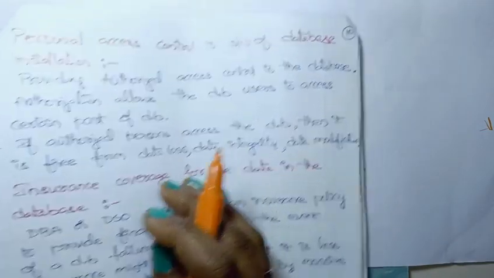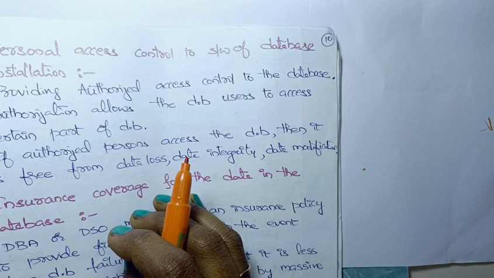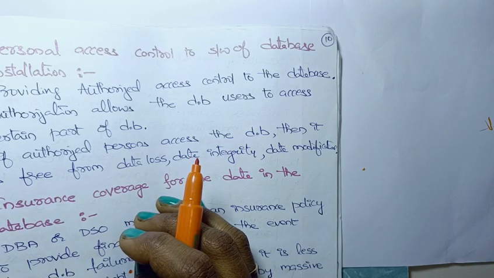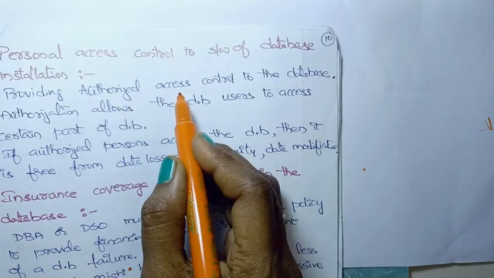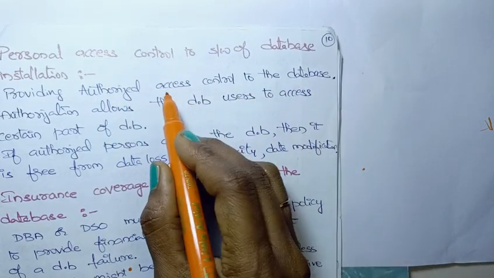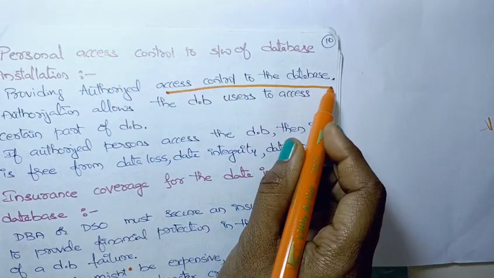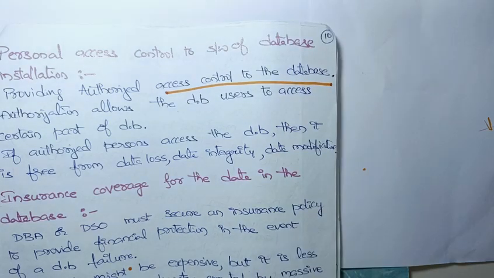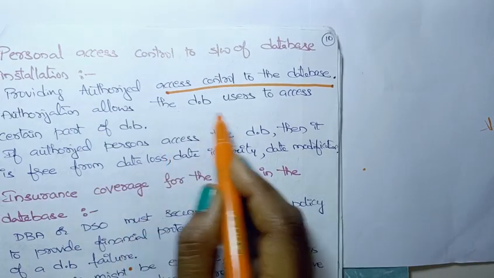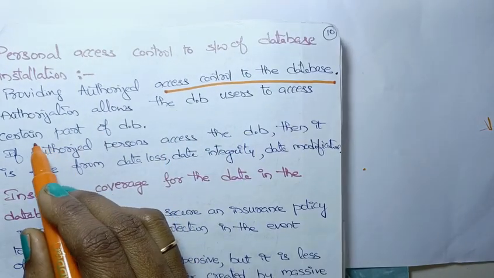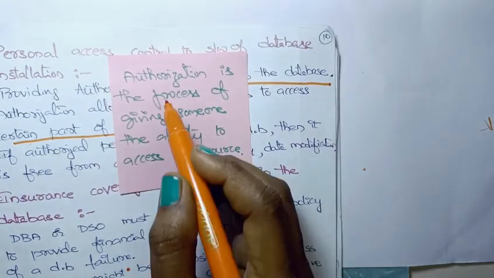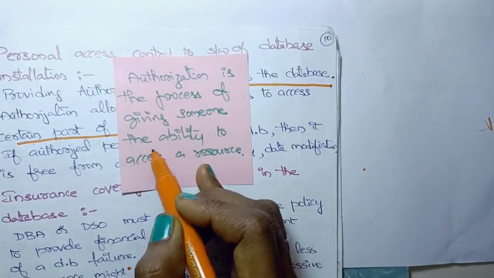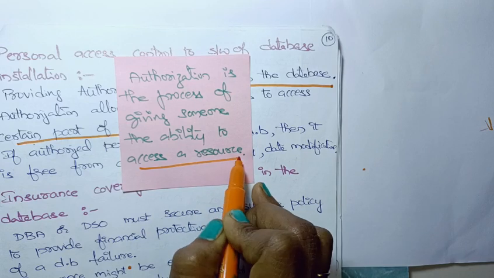Next one, personnel access control to the software of the database installation, providing authorized access control to the database, which means only authorization should be given to particular users. Authorization allows database users to access certain parts of the database. Authorization is the process of giving someone the ability to access a resource.